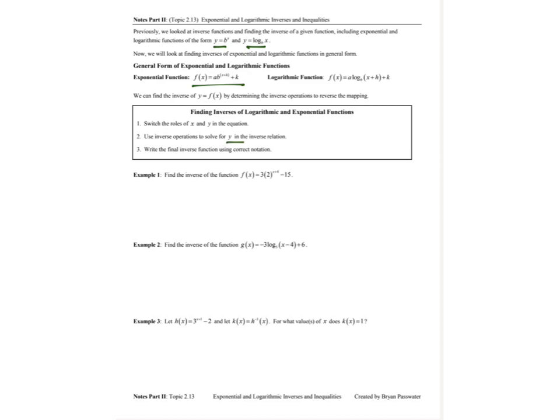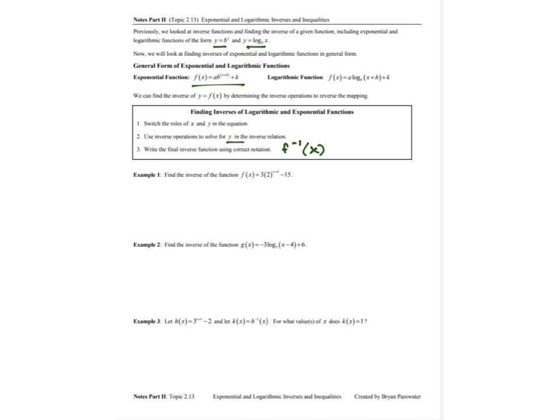Okay, that's our process every time. We've done it a lot. Switch x and y, solve for y, and then remember that we want to write it not as y equals, but as f inverse of x equals. That's what this last piece says. Write the final inverse function using correct notation. So that's going to show up like this, unless it's g, and then we do g inverse.